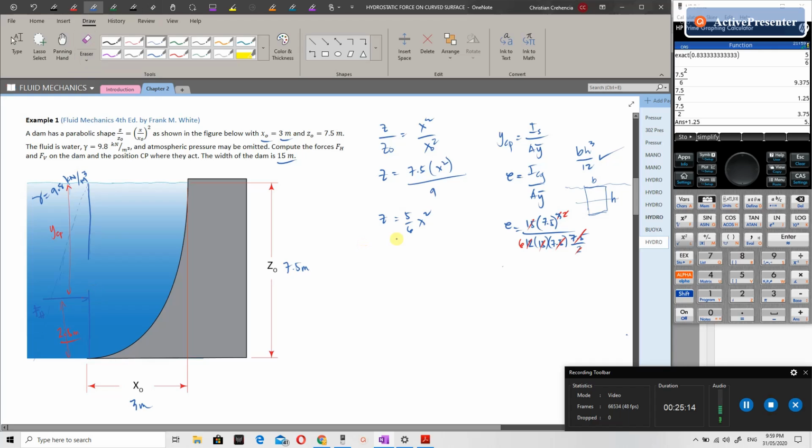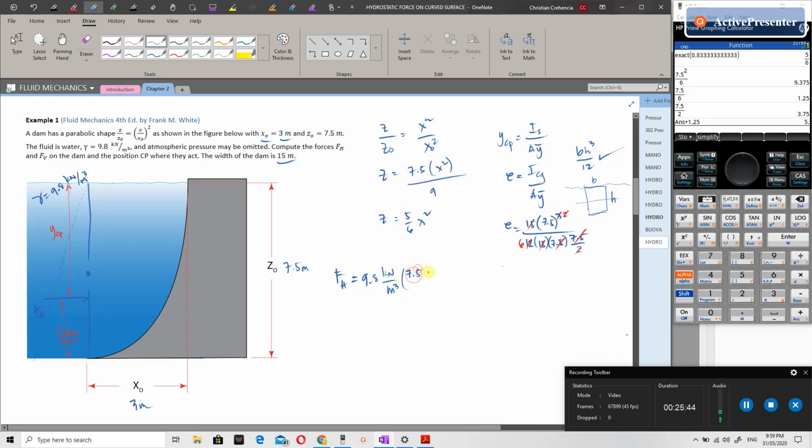So let's solve for the value of FH. The horizontal component will be equal to gamma H bar A. The unit weight is 9.8 kilonewton per cubic meter. H bar is from the centroid of the area, somewhere here. So our depth is 7.5 over 2, which is 3.75.